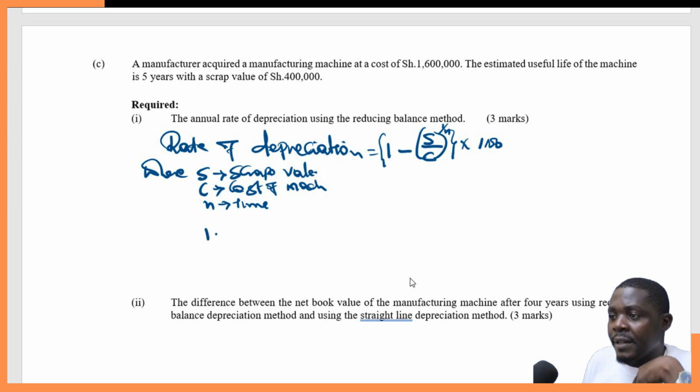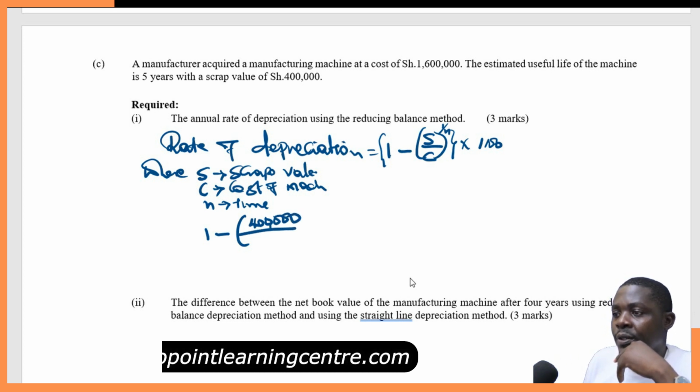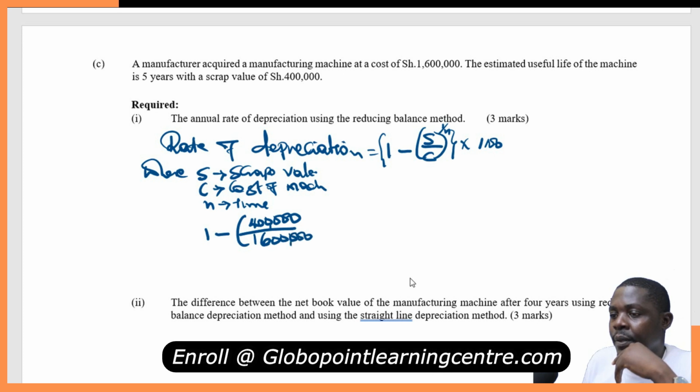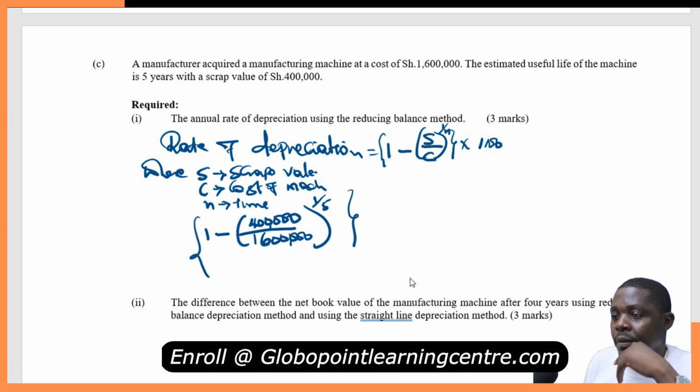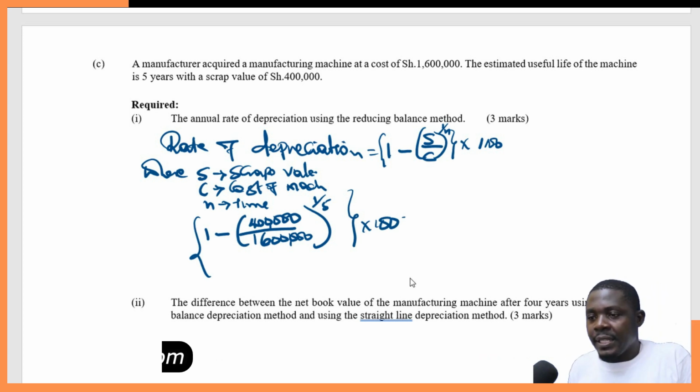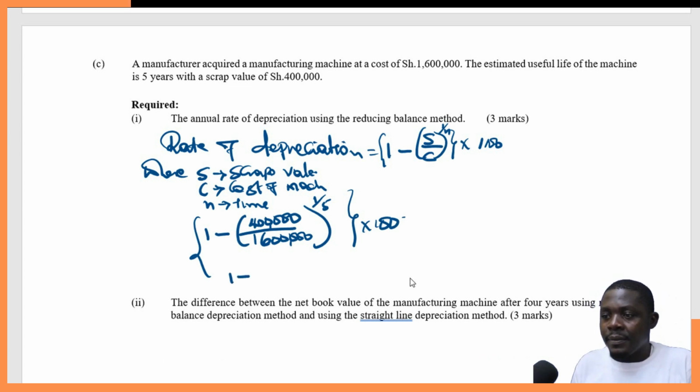Now in this case we have 1 minus, N is 5. S is what? The scrap value was 400,000 over C, the cost, everything raised to the power 1 over 5. We multiply by 100. Can you do this and see?